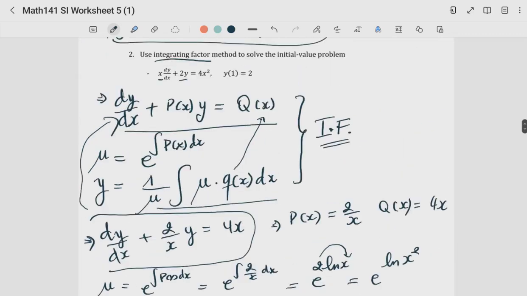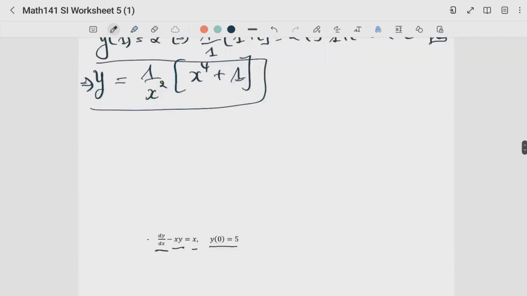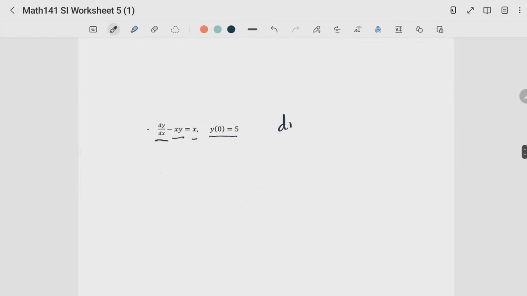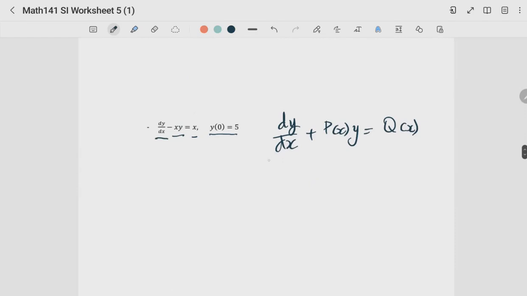We need to get it in this form, dy over dx plus p of x times y is equal to q of x. So let's just rewrite it here so we can refer back to it. Now, obviously, you can see that we more or less already have the form, right?